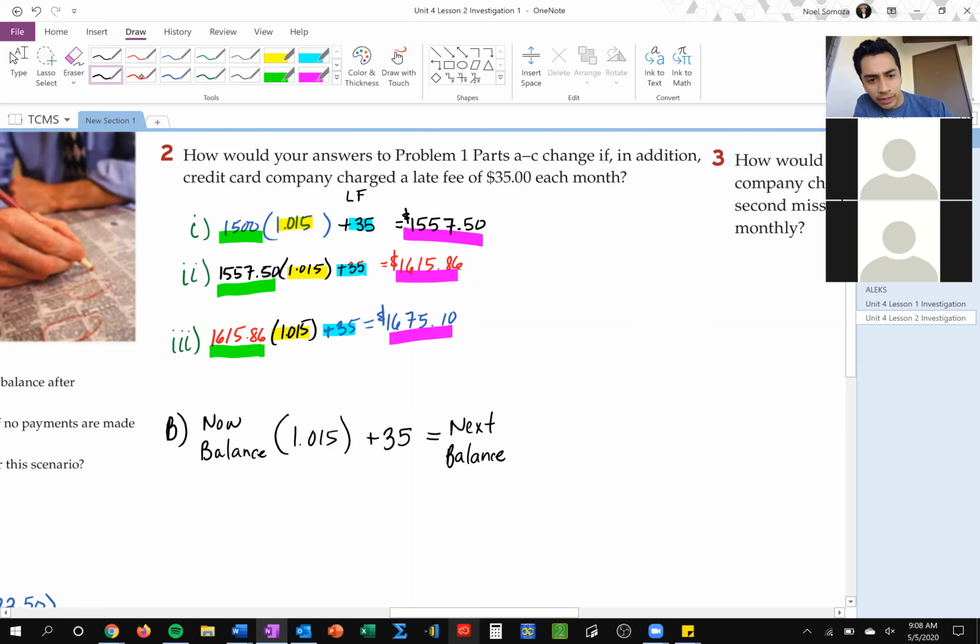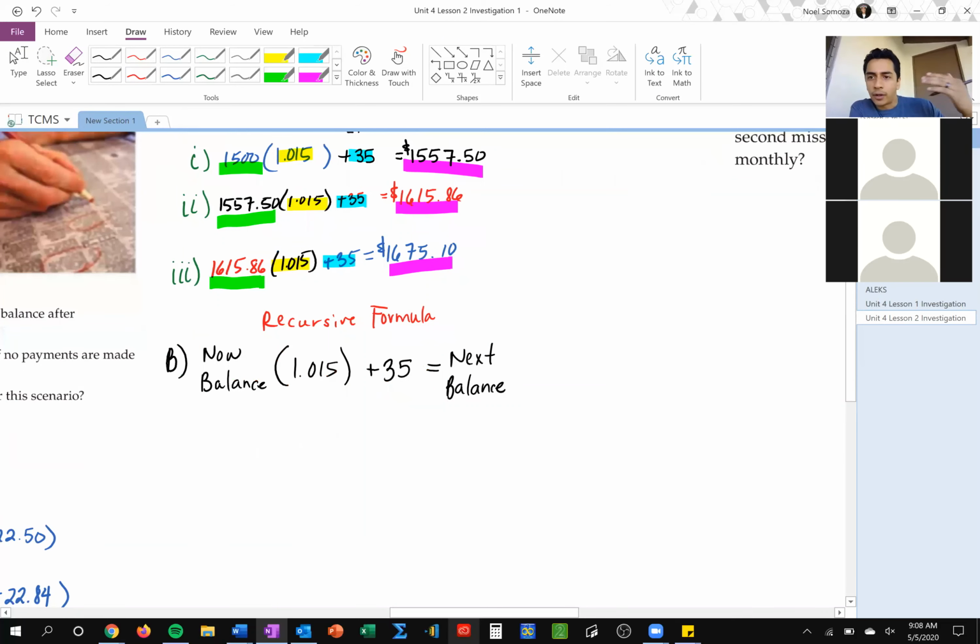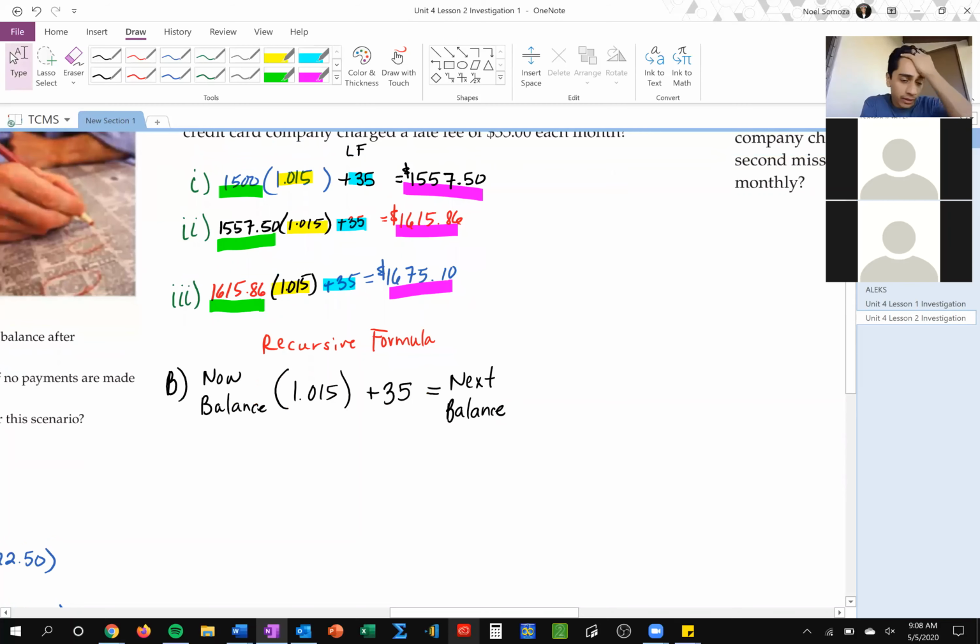And so then this right here represents the recursive formula for your balance. Okay, so you could keep going in the way that we've done it, and you can take it as far as many months as you need to find out what that balance will be month after month.